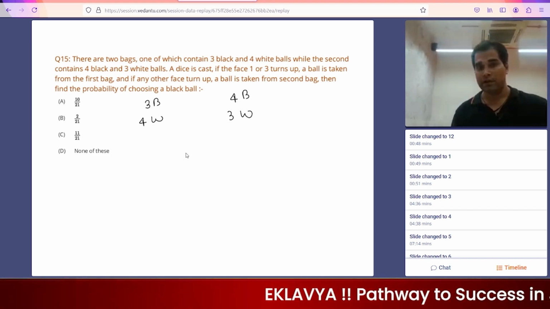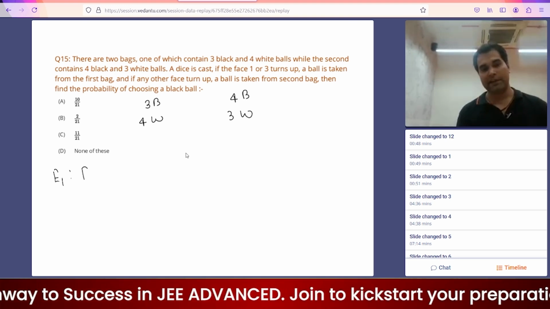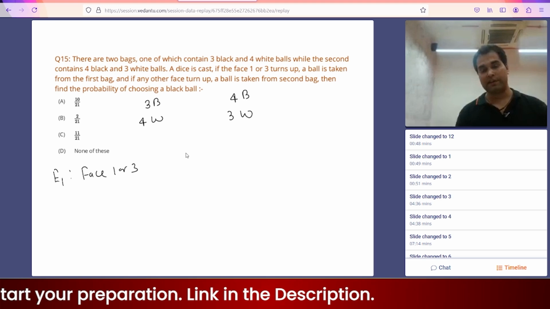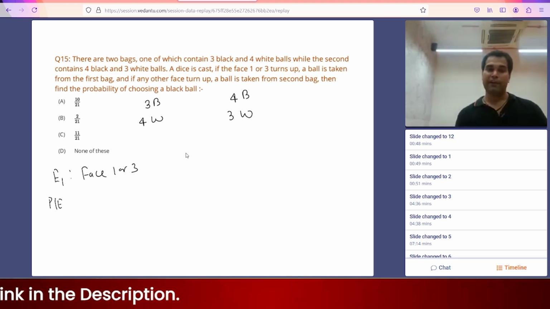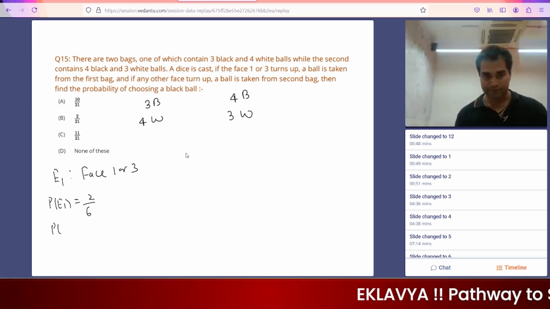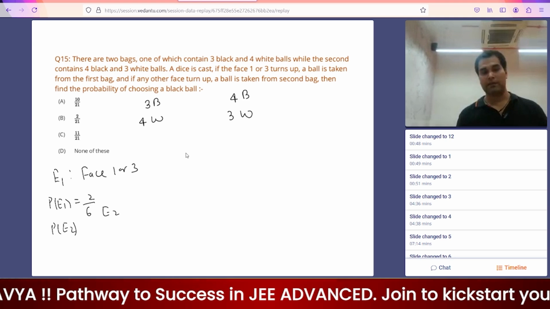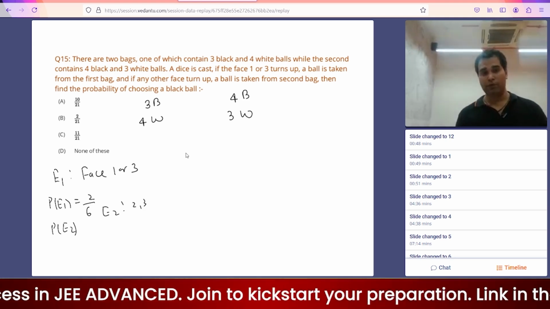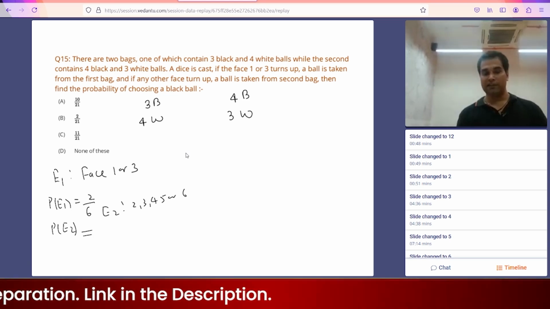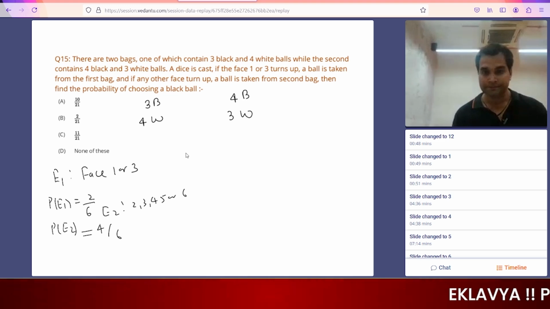Let E1 be the event that face 1 or 3 turns up, so probability of E1 is 2 by 6. Let E2 be the event that face 2, 3, 4, 5 or 6 turns up, so probability of E2 is 4 by 6.